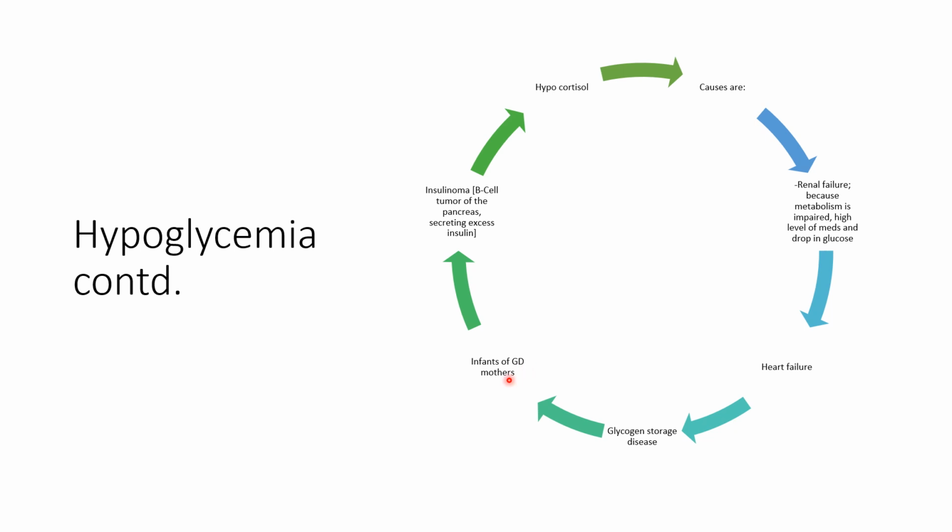When they are born with high insulin level, and if no glucose will match the level of insulin when they are born, then there will be hypoglycemia at birth. Insulinoma, that is beta cell tumor of the pancreas secreting excessive insulin, okay? And hypocortisolism. High cortisol will give us high glucose. Now, low level of cortisol will give us low level of glucose.